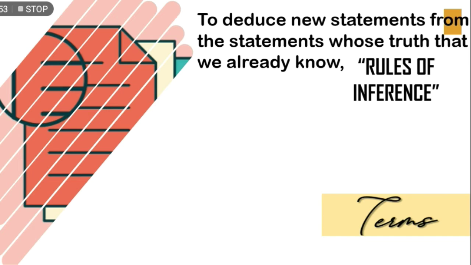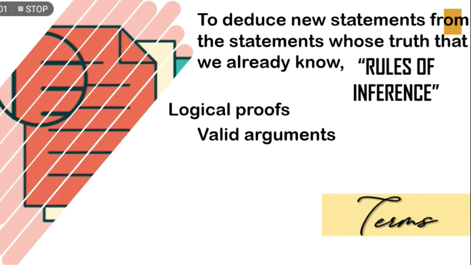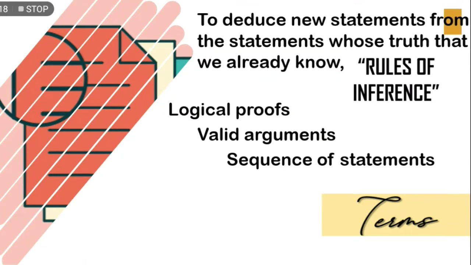We know that mathematical logic is often used for logical proofs, and these proofs are valid arguments that determine the truth values of mathematical statements. An argument is a sequence of statements that must be correct and complete, because correctness prevents us from fooling ourselves and completeness allows anyone to verify the result.